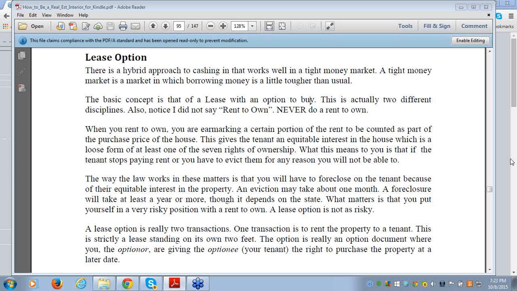All right, when do you use a lease option? Well, in a changing market, and it could be going up or going down. When there's any uncertainty in the market, lease options are a great way for people to buy time to see what's going to happen in the marketplace.